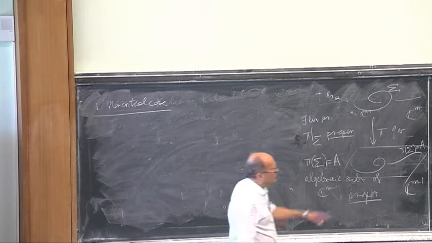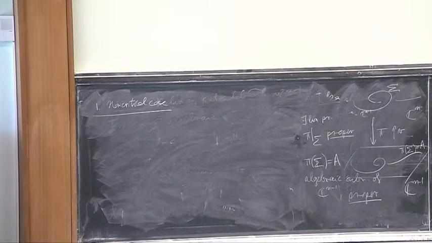By the way, I can always assume that these two numbers, A and B, are chosen such that rho has no critical points on these levels precisely, because critical points are anyway isolated. So I can always assume that there is nothing here exactly on these. But there can be in between.